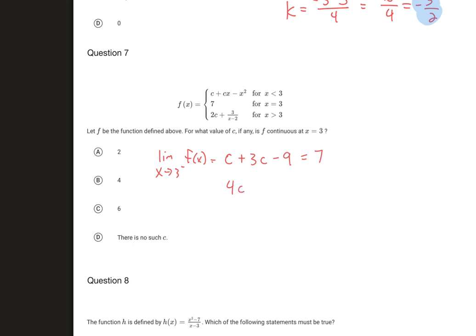So 4c equals 16. Add the 9 to the other side, and that means this c would equal 4. Okay, and then I'm going to just do the shortcut. So let's plug in 4 for c, and then 3 for x, and see if we get 7. If not, then there is no value of c.